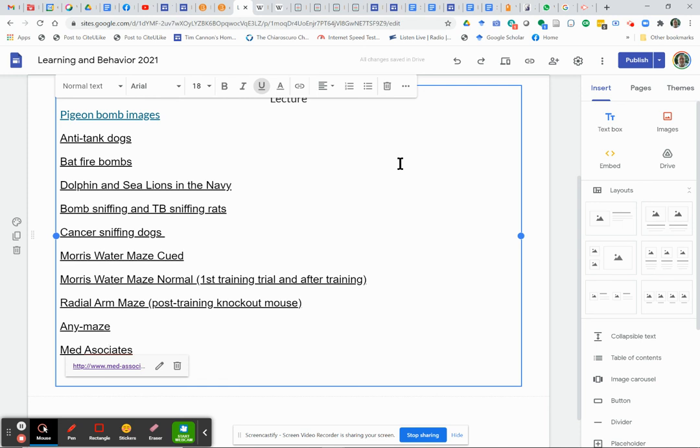And there's radial arm maze with an animal who basically cannot learn and is making both kinds of errors, working errors and reference errors. And remember, in a radial arm maze, if you only go down an arm once, your working memory is probably working.